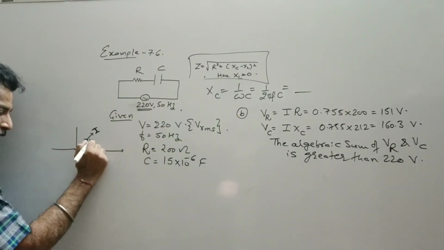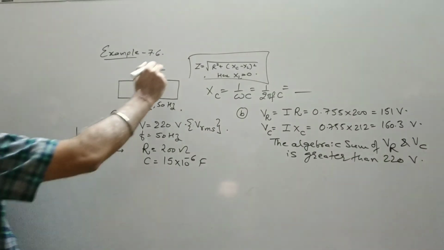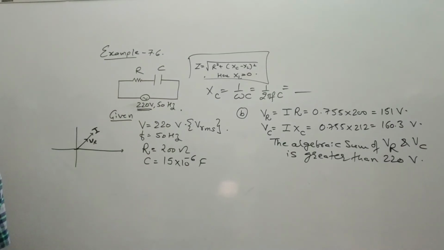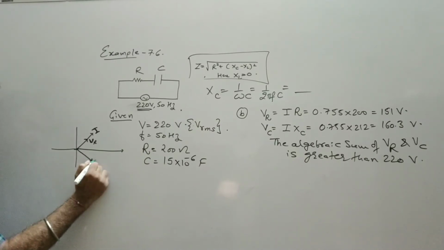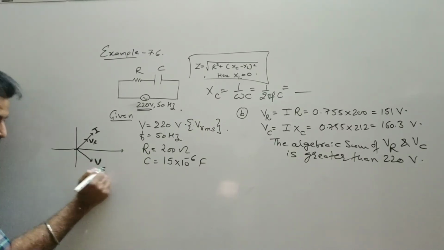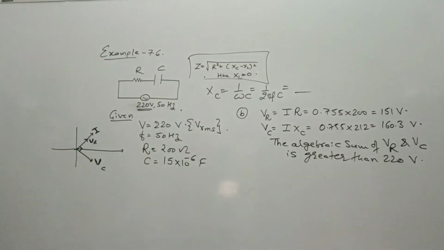So we draw here the phasor of resistor. Then in VC, the current leads the voltage by 90 degree. So VC should be here. So this angle, the phase difference between VR and VC, is 90 degree.